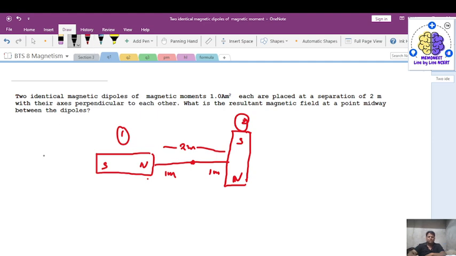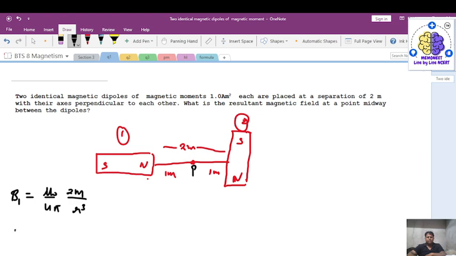Now for magnet 1, point P, the point at which we are supposed to calculate the magnetic field, we will write it as B1, and this point P is at the axial line, that is axis. So magnetic field B1 will be equals to mu naught upon 4 pi into 2m upon r cube, right?